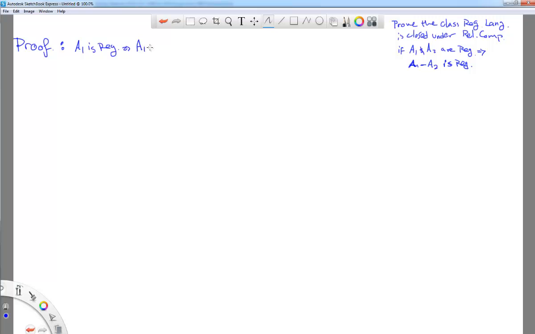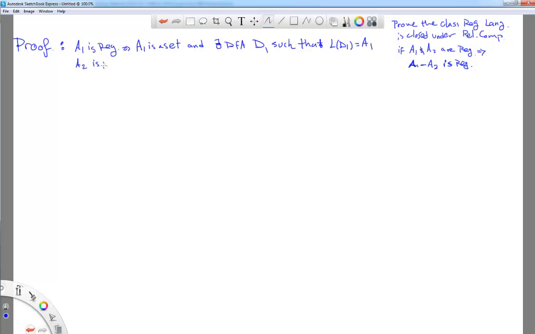Therefore, A sub 1 is a set, and there exists a DFA D sub 1 such that L of D sub 1 is A sub 1.